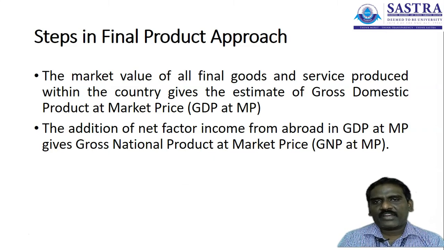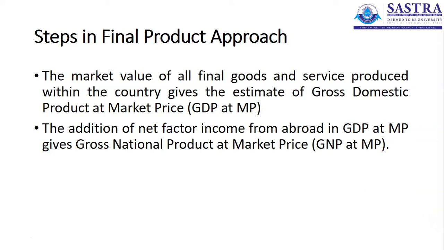In the first step, we need to calculate the market value of all goods and services produced within a country for a given period of time, and it estimates the gross domestic product at market price. So we calculate the final price, the overall goods and services produced in the particular country. The number of goods manufactured in the industrial sector, the output of the industrial sector, is multiplied by the market price.